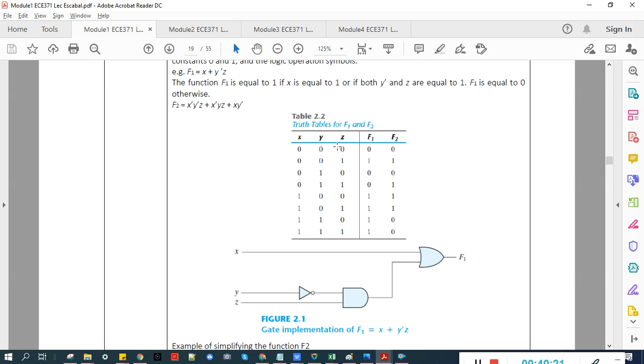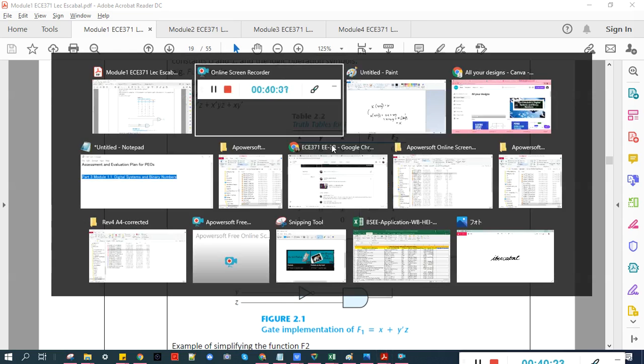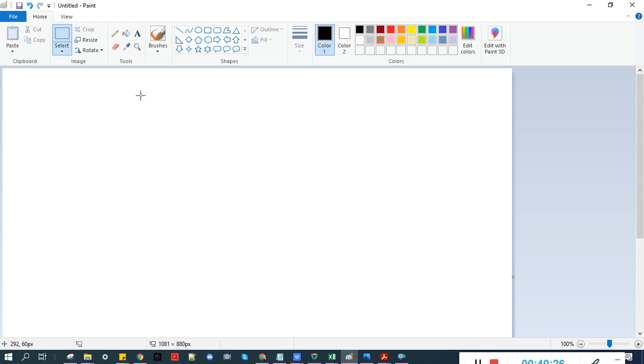input combinations. We have 3 inputs. For 3 inputs with possible values of 0 and 1, so 2 possible values, we have 2 to the power of 3, which is 2 times 2 times 2, or 8. There are 8 possible combinations of the inputs x, y, and z.